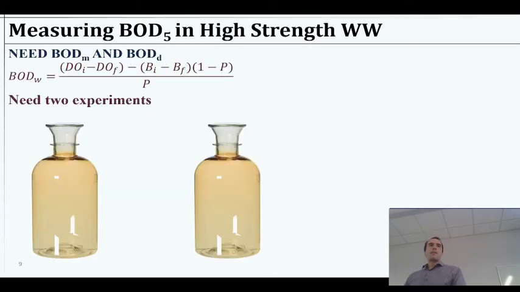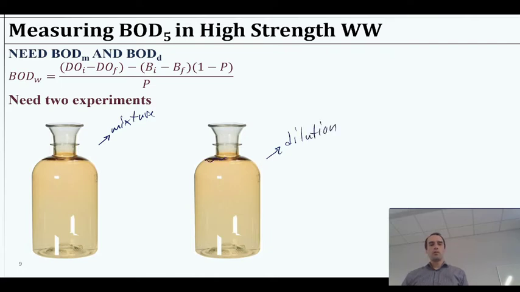So as I mentioned, we're going to do this in 2 experiments. And so we're going to have 2 different dissolved oxygen conditions to think about when we're doing measurements. So we'll have one with the mixture and one that's completely dilution water.